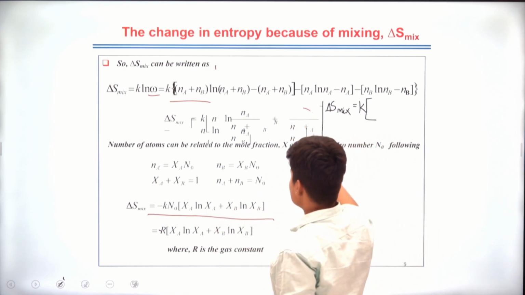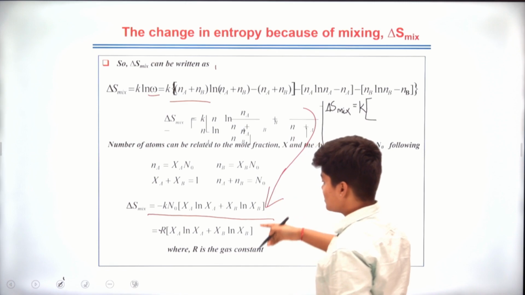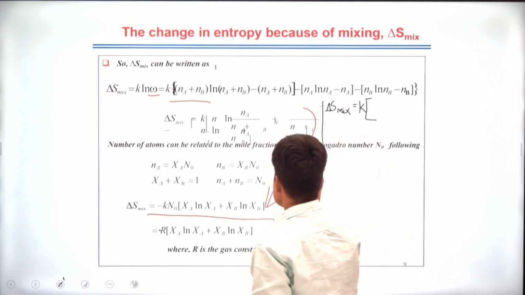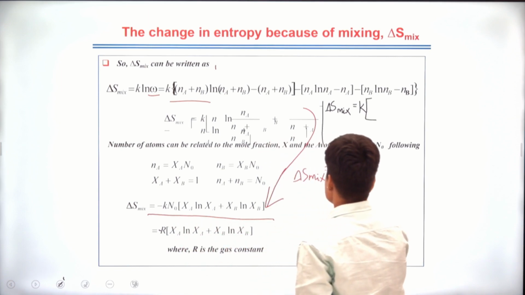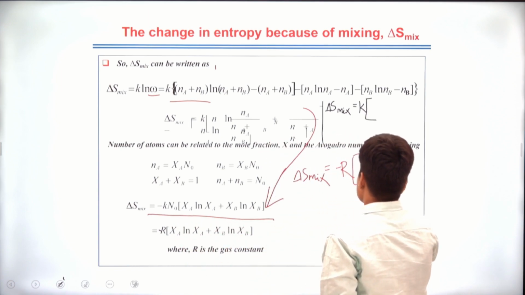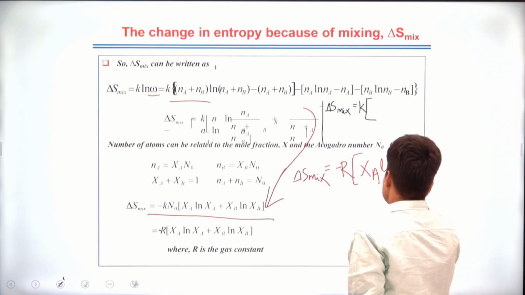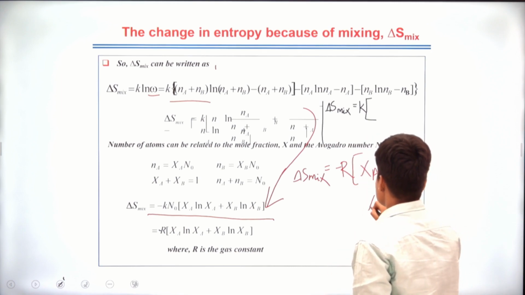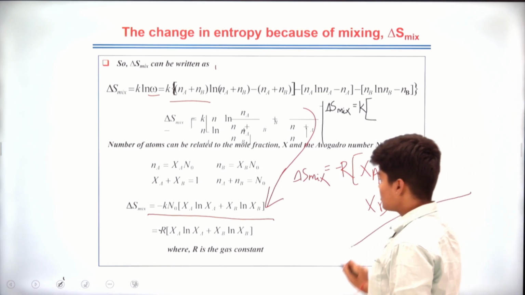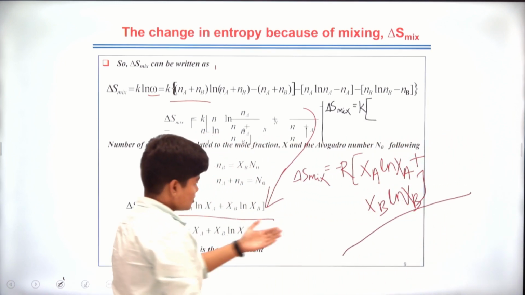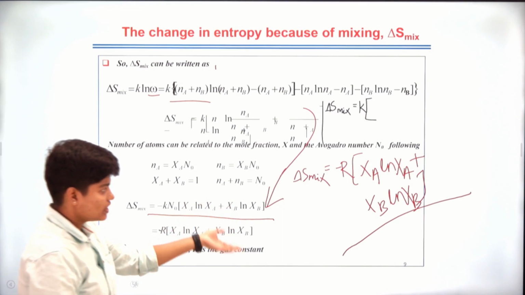So the final equation for del S mix will be k N naught, which is the gas constant, minus R times Xa ln Xa plus Xb ln Xb. So this is the final equation for del S mix.